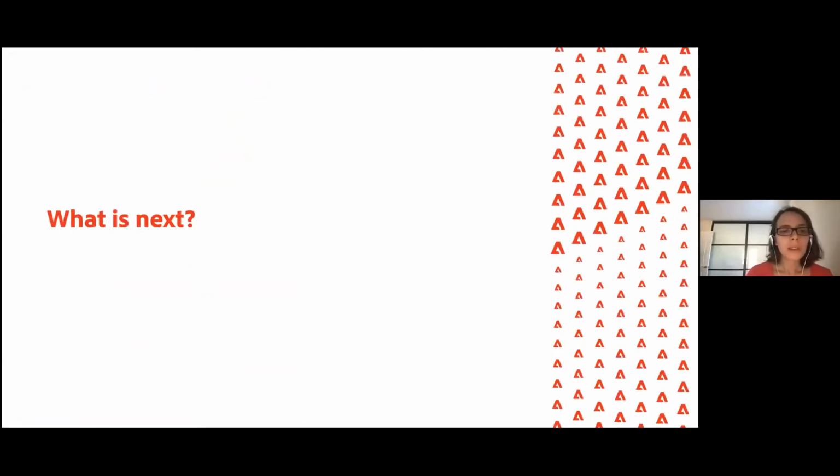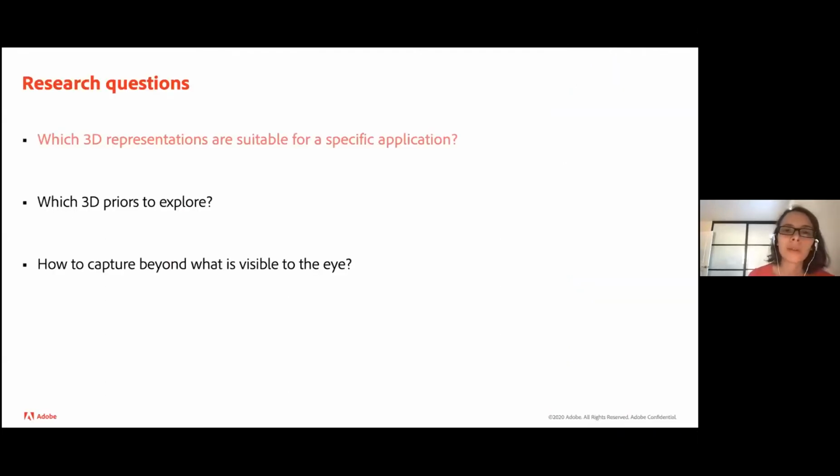So this was basically the gist of this work, and of course there are also many exciting directions to explore more. I would like to talk about these future directions by going back to the research questions we asked in the beginning. The first question was what types of 3D representations are suitable for different applications.